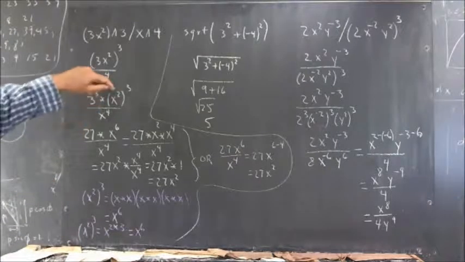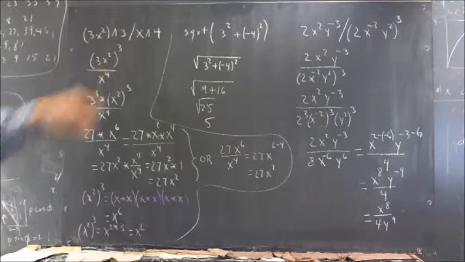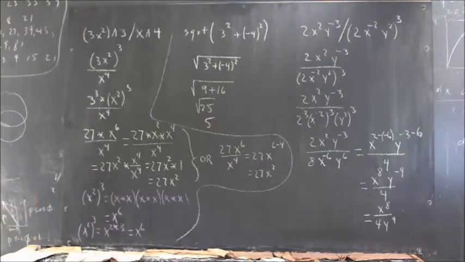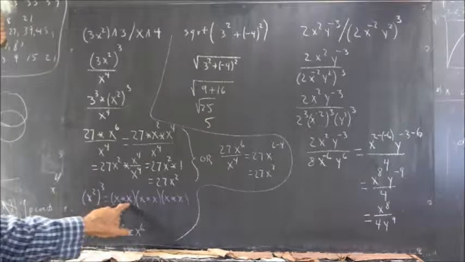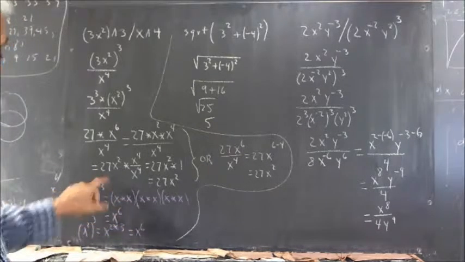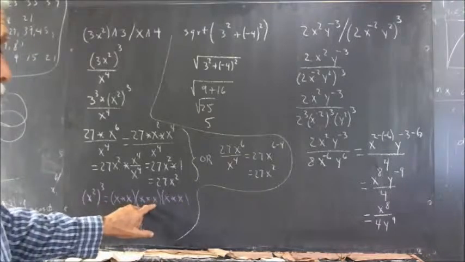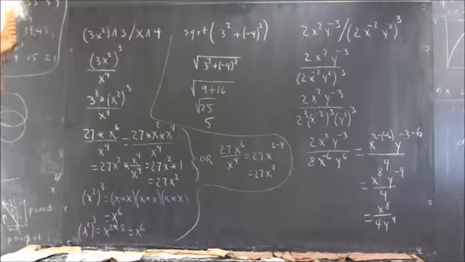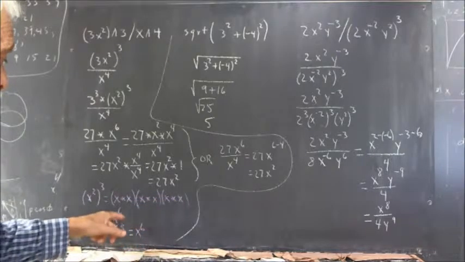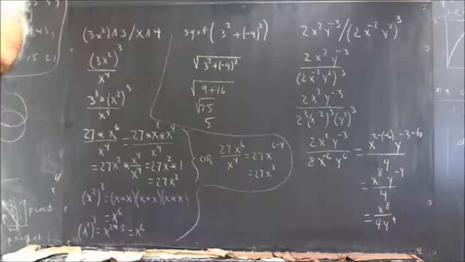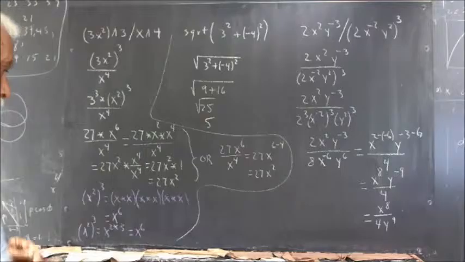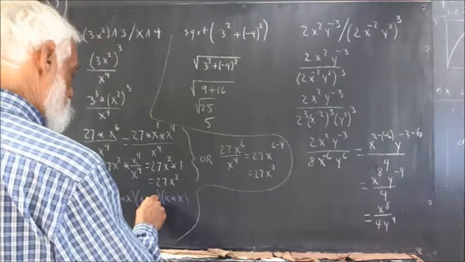Now let's back up to the reason you multiply exponents. x squared cubed means what? Well, x squared means x times x. Cubing x squared means you're going to multiply x squared by itself 3 times. And of course, that gives you x to the 6th. And let's see, not all of my multiplication signs look like multiplication signs.